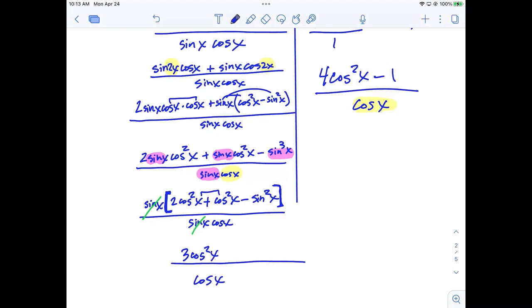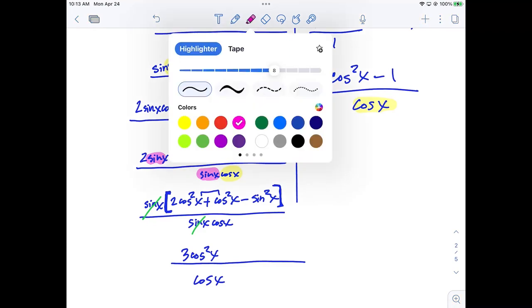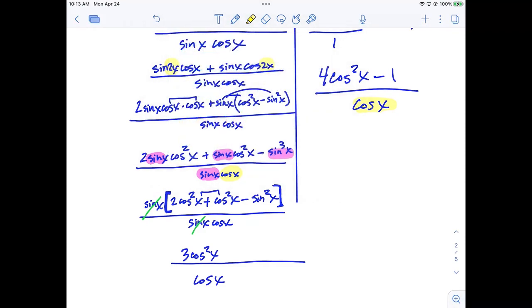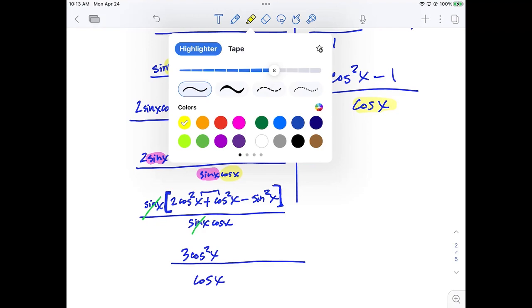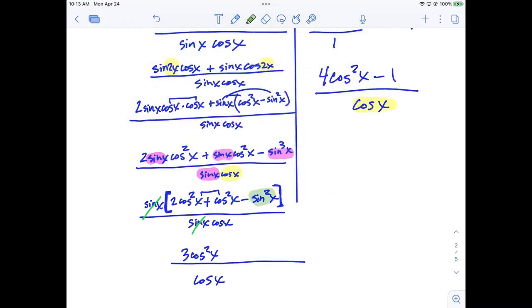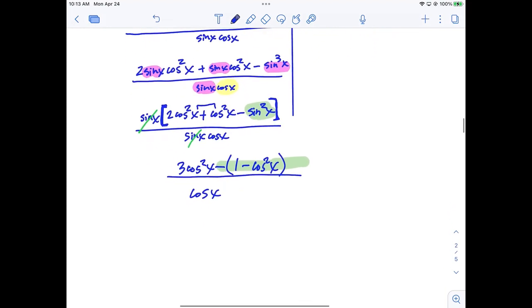The next thing that you see is, hey, there is a sine squared in the top. And I don't want a sine squared in the top. So what can I write sine squared as down here to get rid of it? 1 minus cosine squared. Yeah. And then maybe, just maybe, now when I distribute, I'll be able to get the right-hand side.